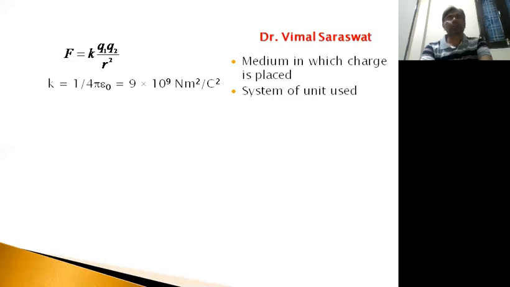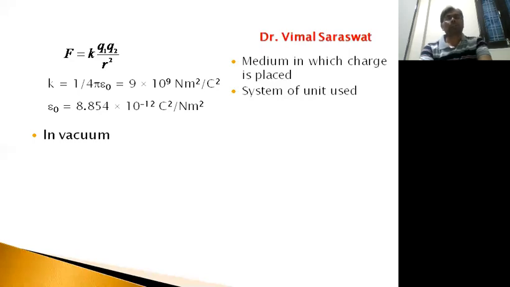Here epsilon naught is the permittivity of free space and its value is 8.854 into 10 raised to power minus 12 Coulomb square per Newton meter square.